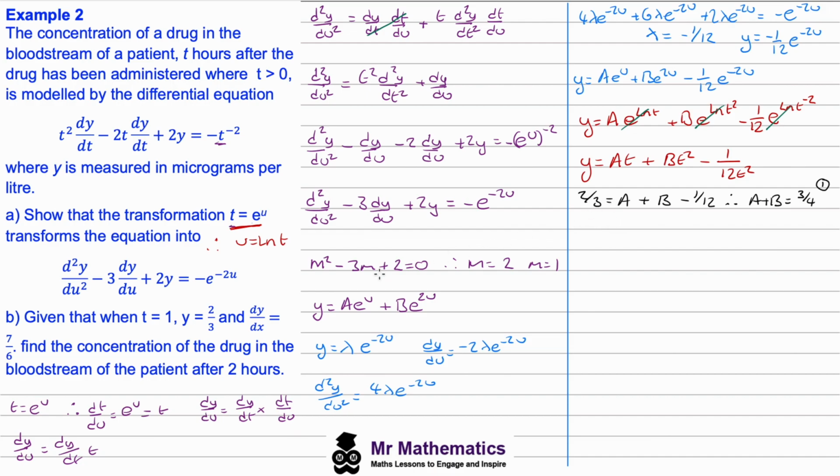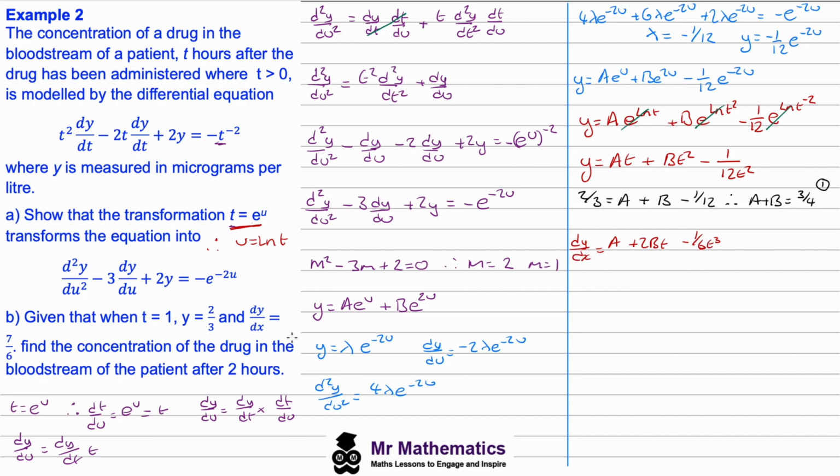Equation 2, we'll need to use dy by dx, which is 7/6. So if we differentiate our general solution, dy by dx, we'll cancel out this t, we'll bring this 2 down, and then we'll differentiate this, and we get negative 1/6t cubed.